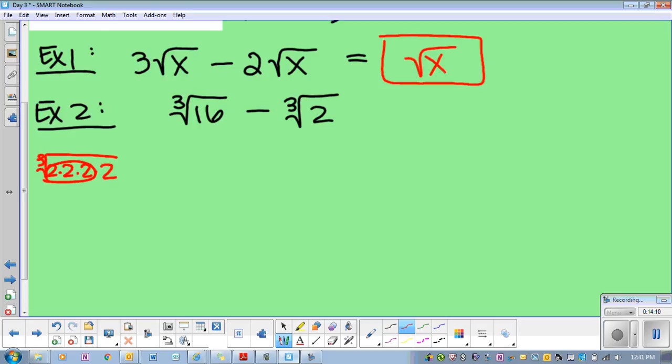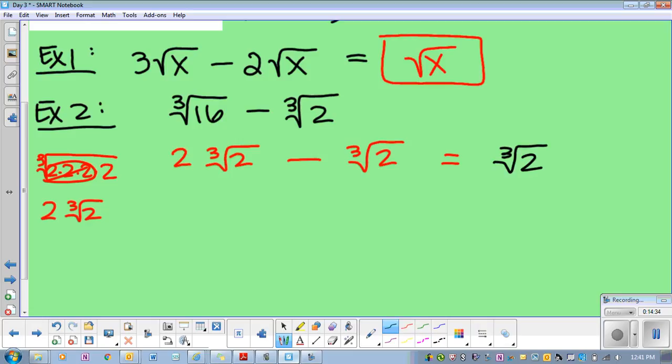We just did this. 2 cube root 2. So 2 cube root 2 minus cube root 2. Because there's a 1 there, 2 minus 1 is 1, and then cube root 2.